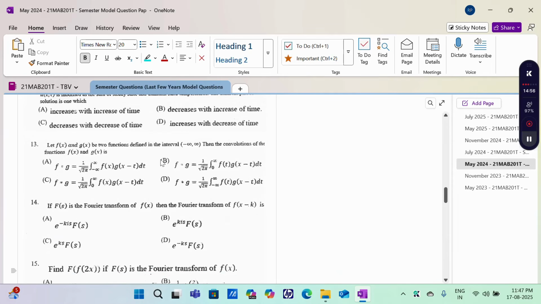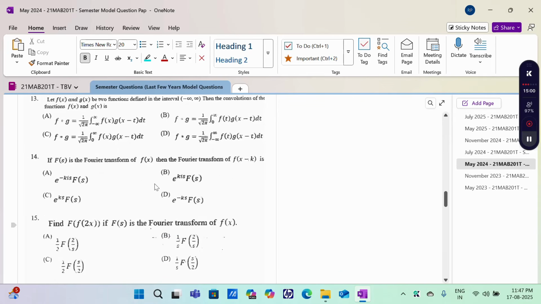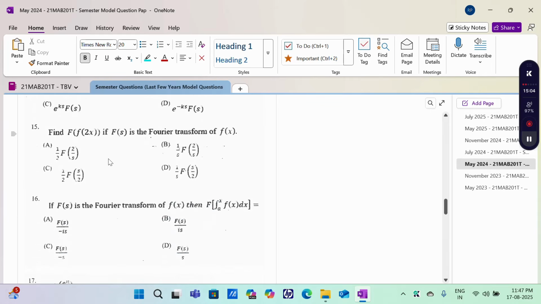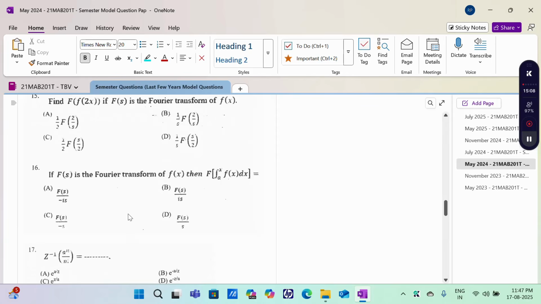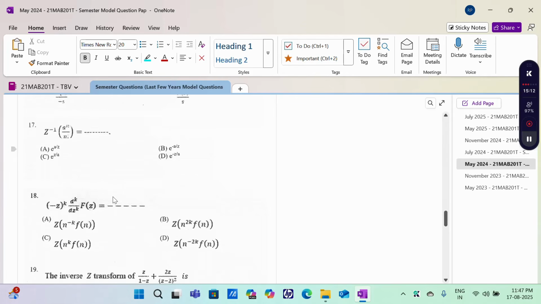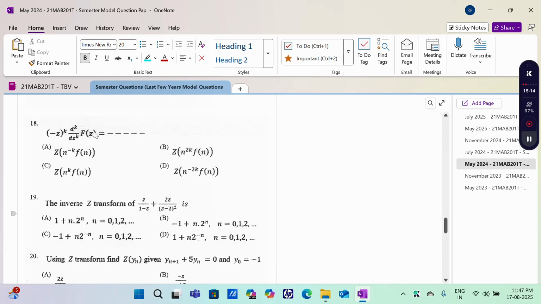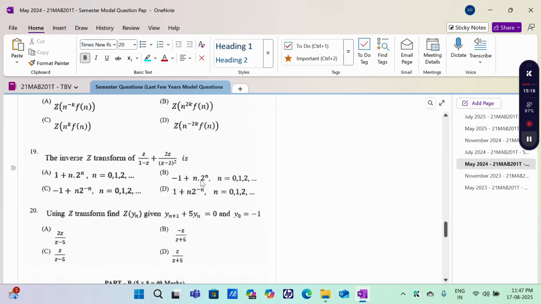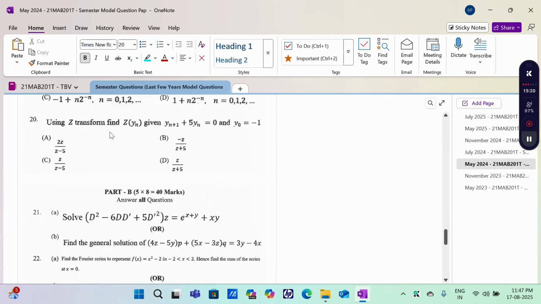Now this is the form of the convolution theorem of Fourier transform, and then the 14th question is nothing but the Fourier transform when the function is given, properties. This is also a property related question. And 17th to 20th, Z transform, Unit 5, Z inverse of some function given to calculate, and this is also Z transform and then Z transform. Now this is a differential equation of Z transform.